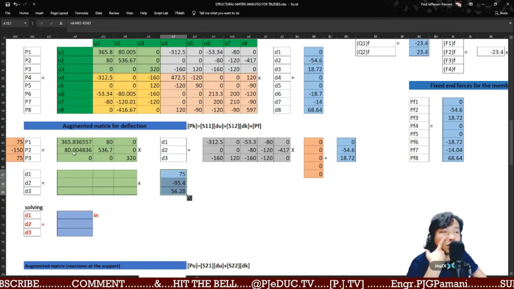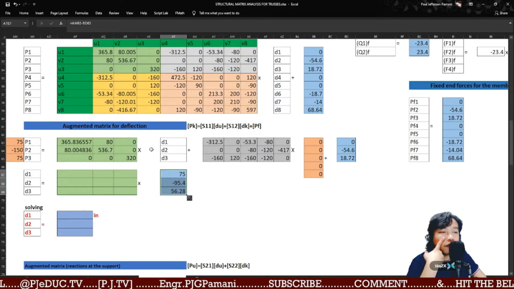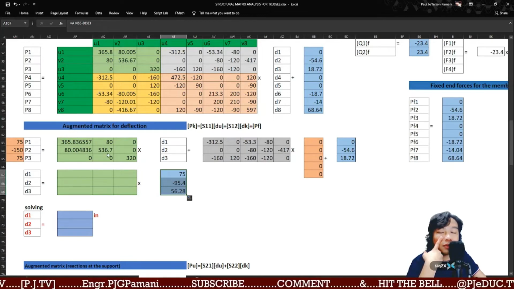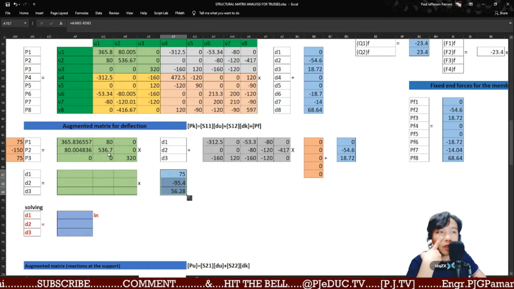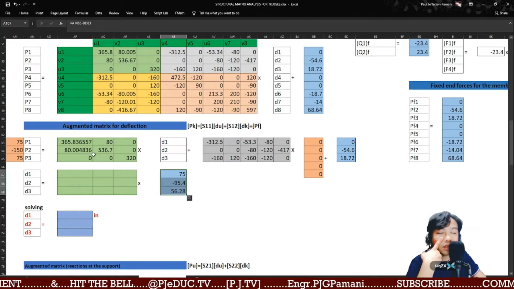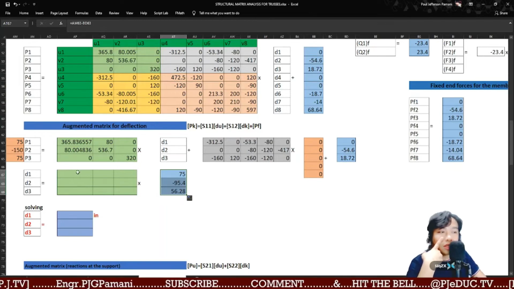Paano yun, sir? So, di ba, tinranspose natin ito dito sa kabila. So, nag-subtract sila, right? Then, divide both sides with S11 matrix. Pero wala namang division of matrix. So, how are we going to do that? We'll just have to inverse the S11 matrix, then multiply it with the difference of this matrix with this matrix. So, inverse lang.